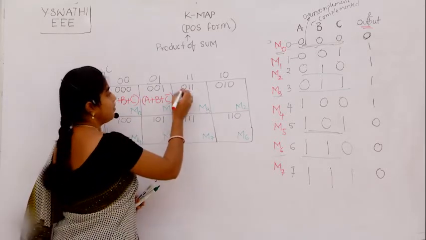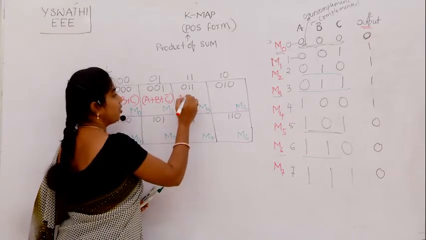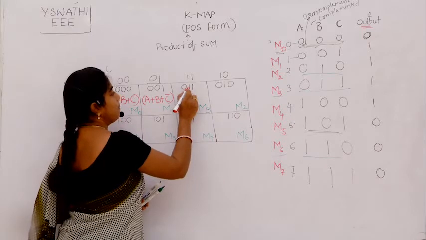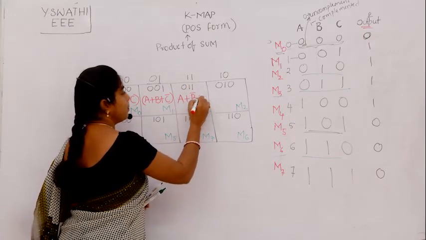In the next one, 0 1 1, A is 0 here, meaning uncomplemented, and B, C are 1, meaning complemented: A plus B bar plus C bar.